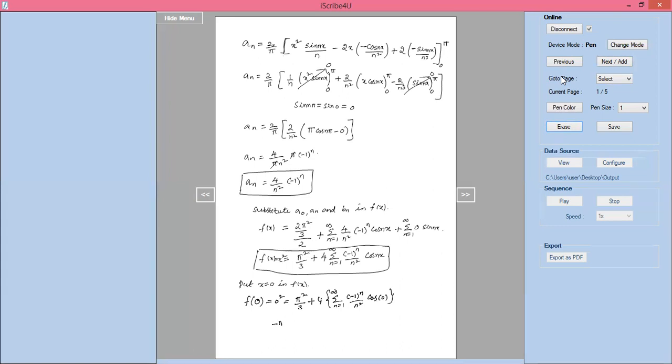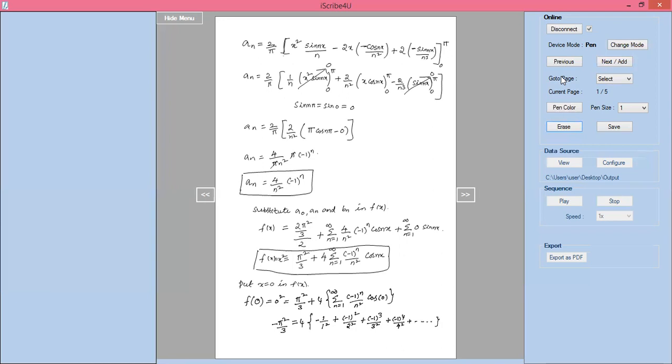If I bring this side, pi square by 3 minus pi square by 3, 4 into, first n equal to 1 you will give minus 1 by 1 square, cos 0 is 1. Second one should be minus 1 square by 2 square, cos 0 is 1, plus minus 1 cube divided by 3 square, plus minus 1 power 4 divided by 4 square, plus and so on.